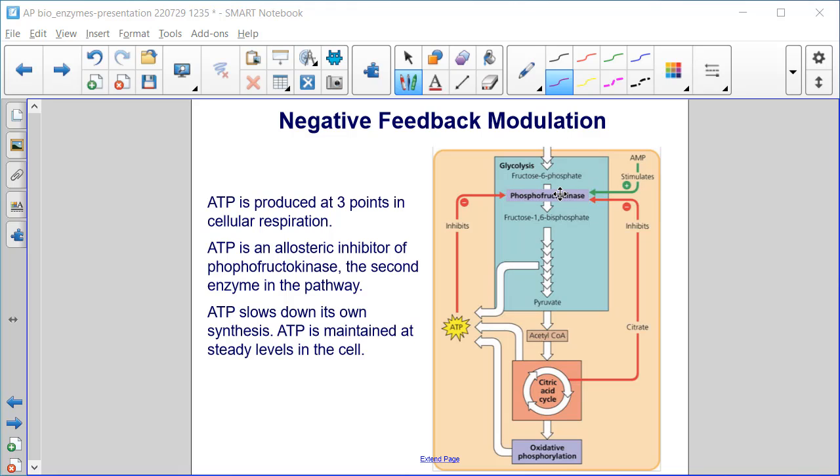ATP slows down its own synthesis so that ATP is maintained at steady levels in the cell. So as ATP is produced here, we have this inhibition of the production of phosphofructokinase to maintain steady levels in the cell.